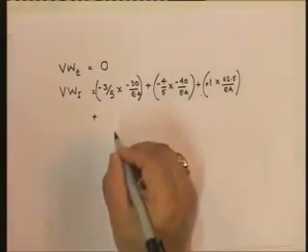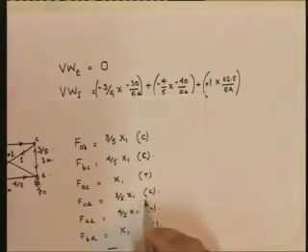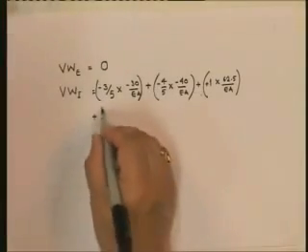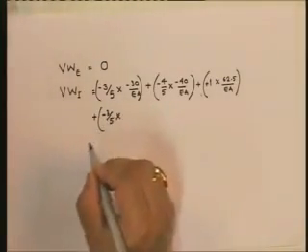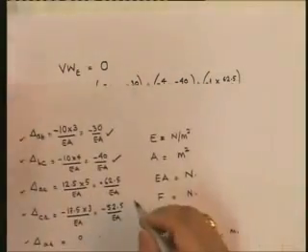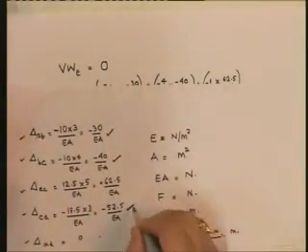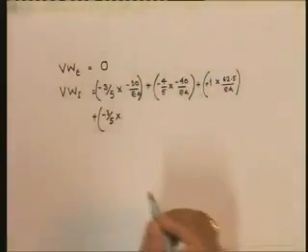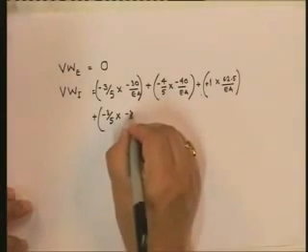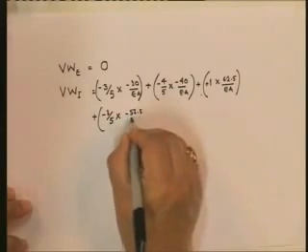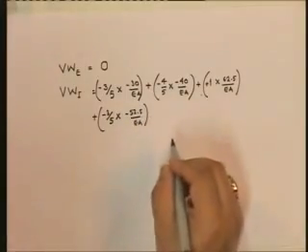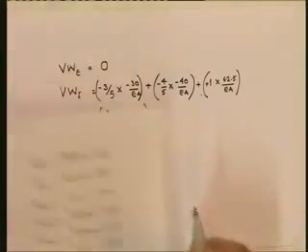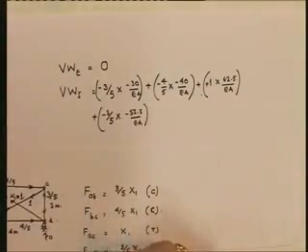Next is CD. What is the force? 3 by 5 in compression, so the virtual force is minus 3 by 5. What is the real deformation in CD? The real deformation in CD is 52.5. So that is minus 52.5 upon EA.